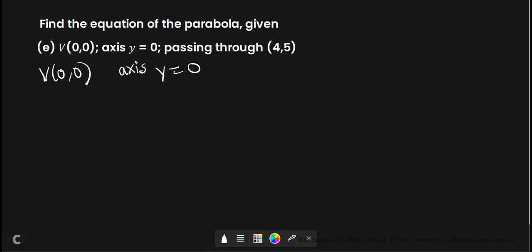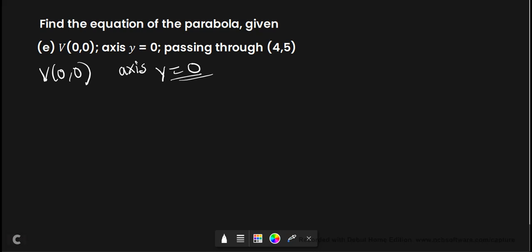So if it's passing through 4, 5, what exactly are you supposed to do in this situation? Here our axis is y equal to 0, right?